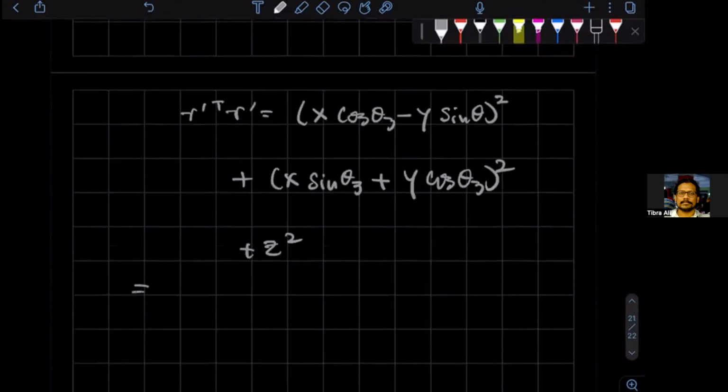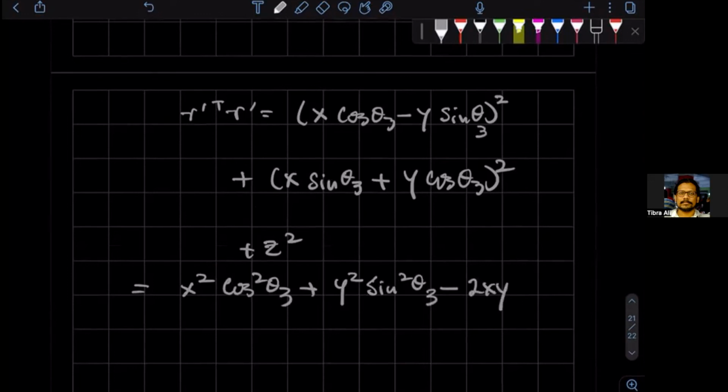If I expand it, I get x squared cosine squared theta 3 plus y squared sine squared theta 3 minus 2xy sine theta 3 cosine theta 3.